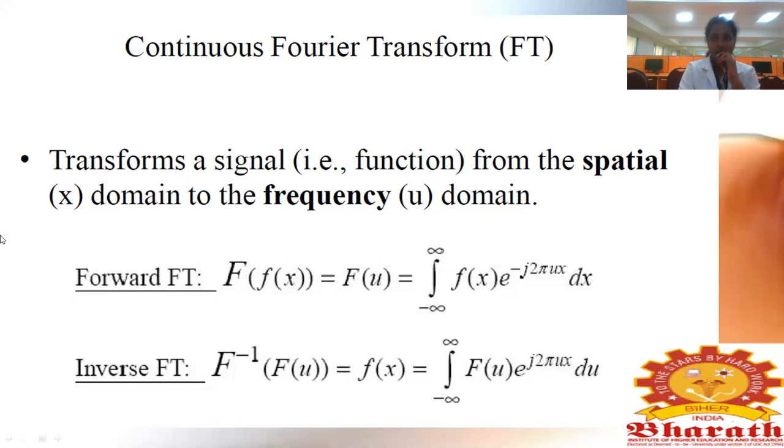So I'm repeating the last thing again: when you go for any transform to convert a signal from spatial domain to frequency domain, you are supposed to have a transformation pair compulsorily. Without a transformation pair, you will not be able to continue, which means the combination of forward transform and inverse transform is necessary.